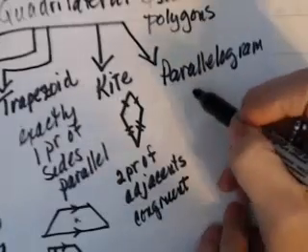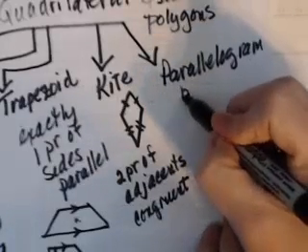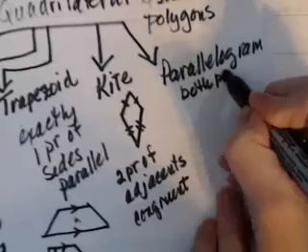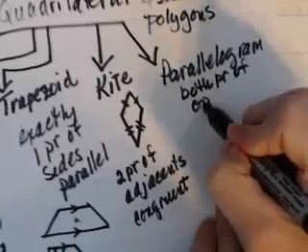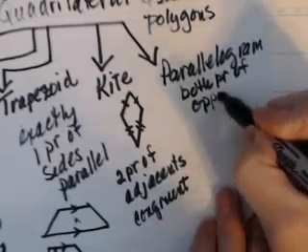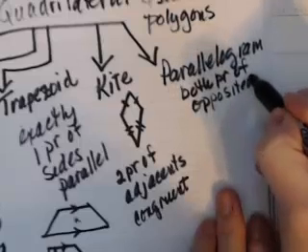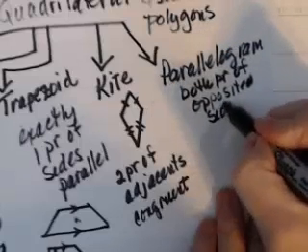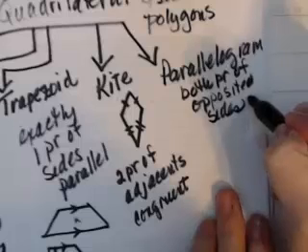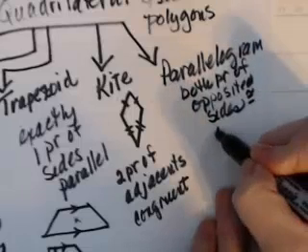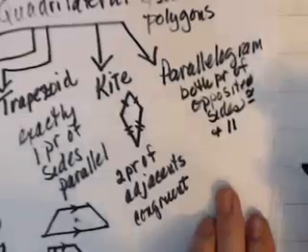And what makes a parallelogram is that it has both pair of opposite sides congruent and parallel.